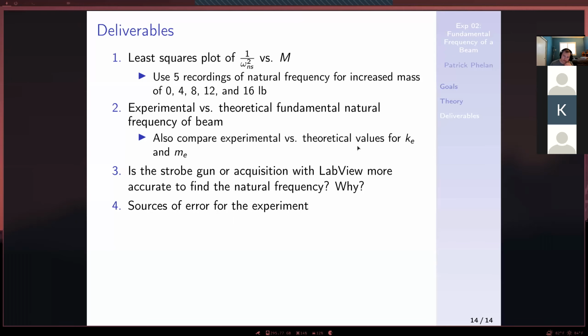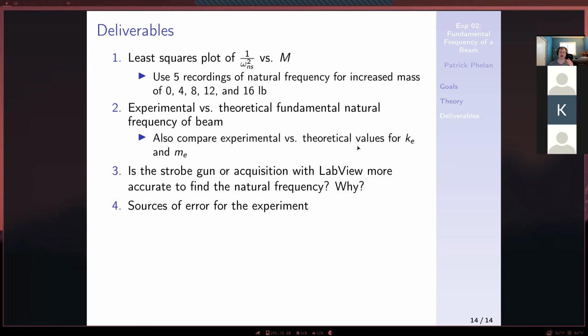So I think I'll need to go back in my lecture and think this through again on my own. But yeah, we're going to be using the readings from the strobe gun and from LabVIEW. That'll give us the experimental natural frequency because we're reading that directly.